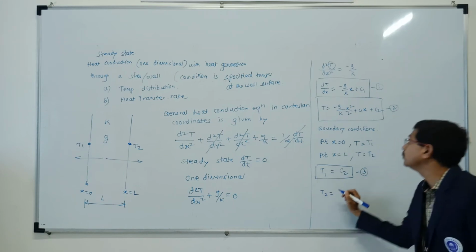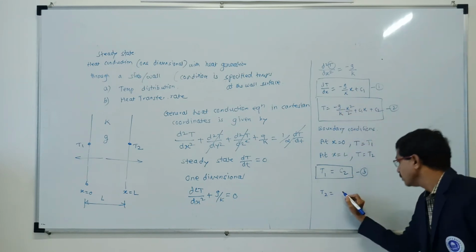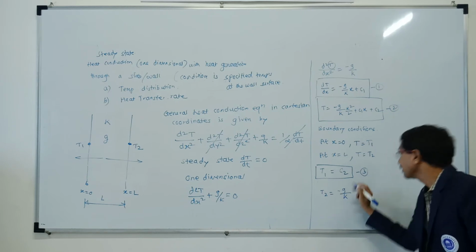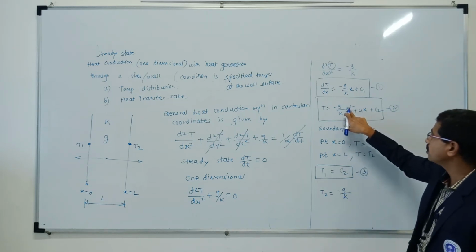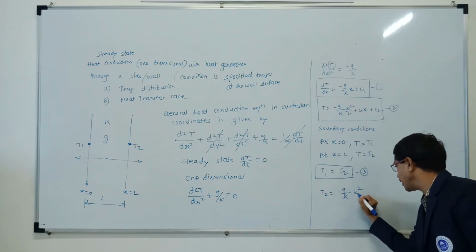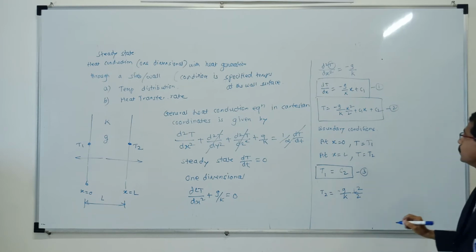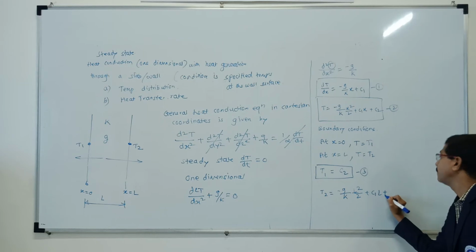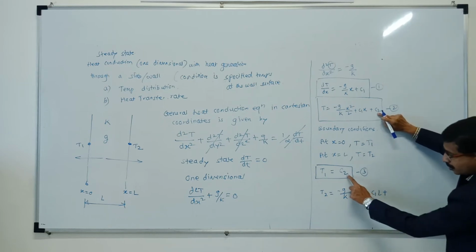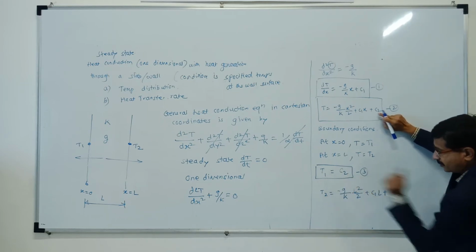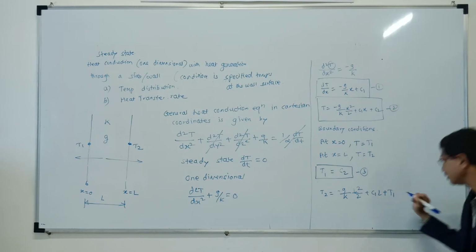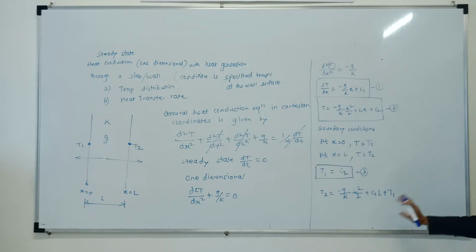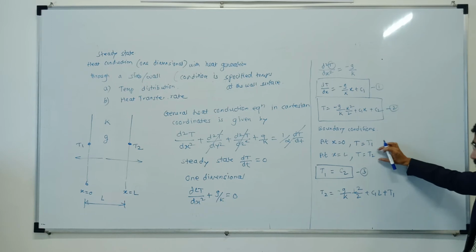T2 is equal to, x is L now, so minus g by k, I am putting L instead of x, so it becomes L square by 2, plus c1 into L plus c2. c2 is already known to you. What is c2? c2 is T1. So I am going to put it here.